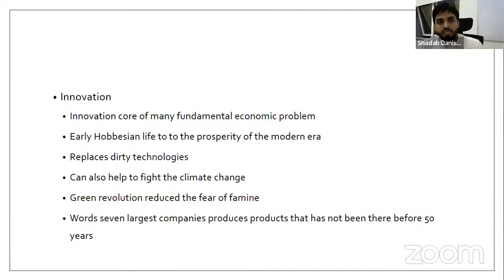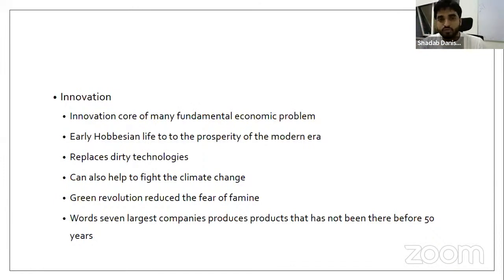Innovation is the core of many fundamental economic problems and also the solutions. Early Hobbesian, rustic life was not like the one we live now. Humans did not live in one place; they used to move from one place to another.